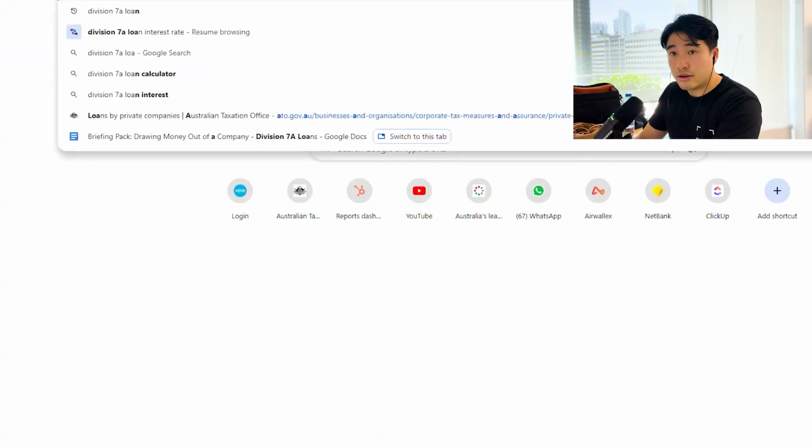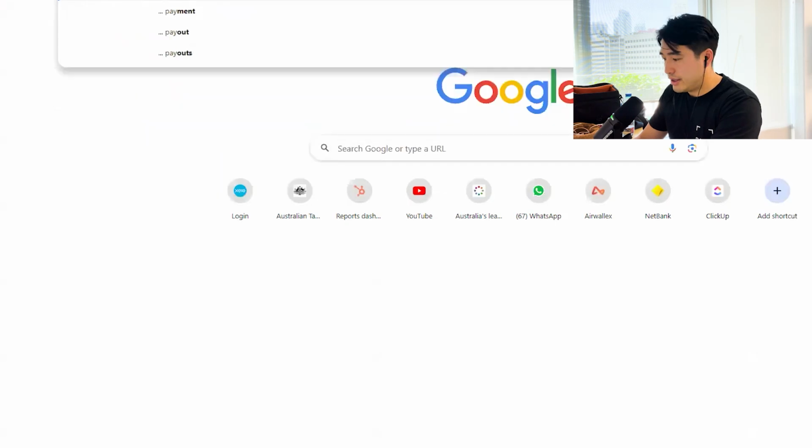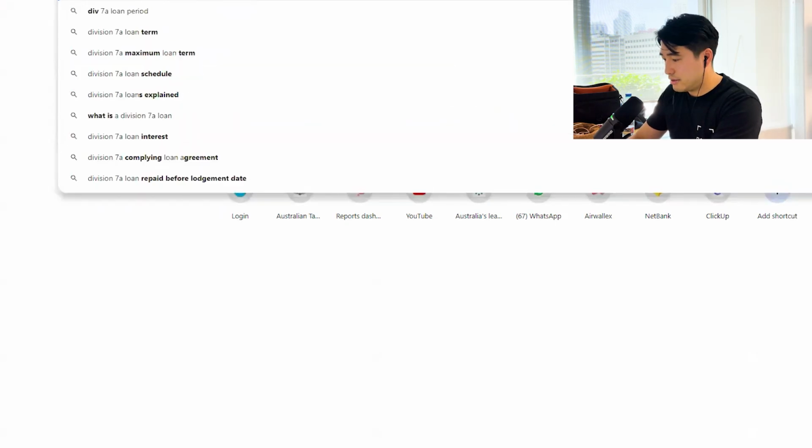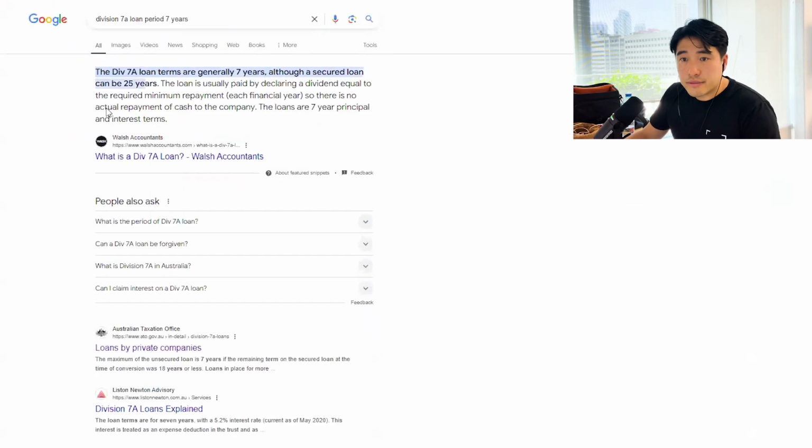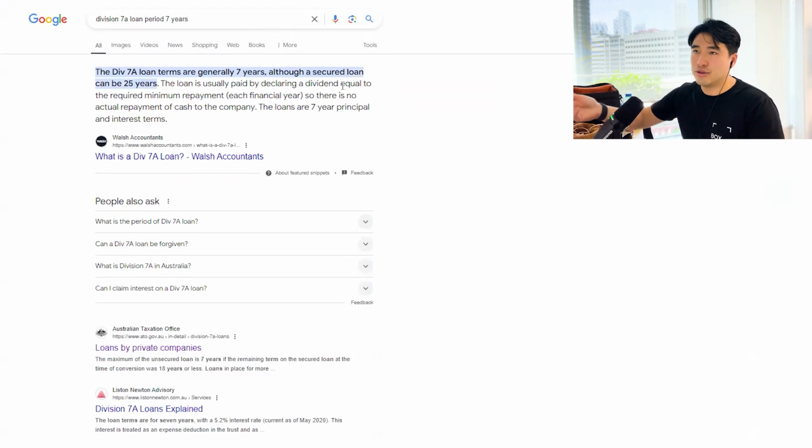The Division 7A loan period, I think it's 7 years. Yeah, 25 years for the secured loan. So if you secure against the asset, for example, let's say you took out $500,000 from the company, and then the company has a security on the asset that you purchased with that loan.